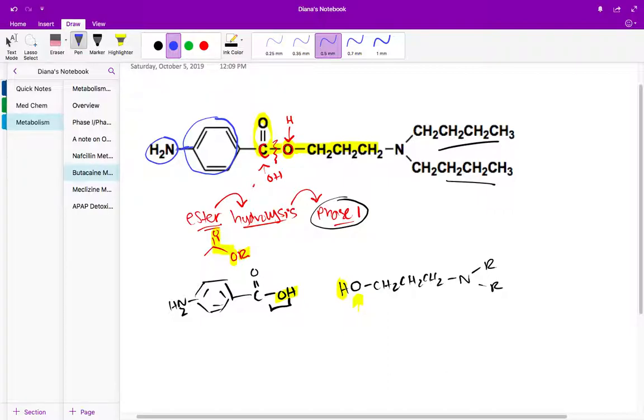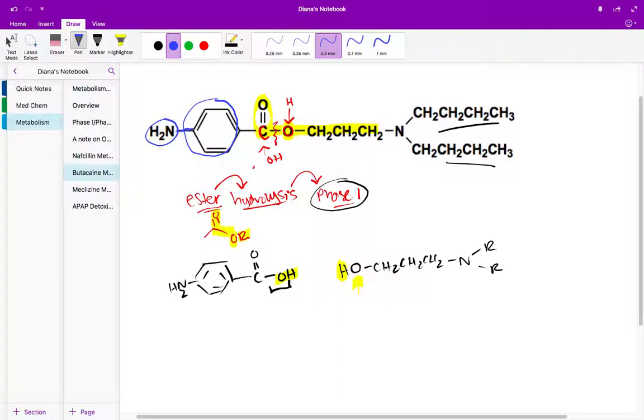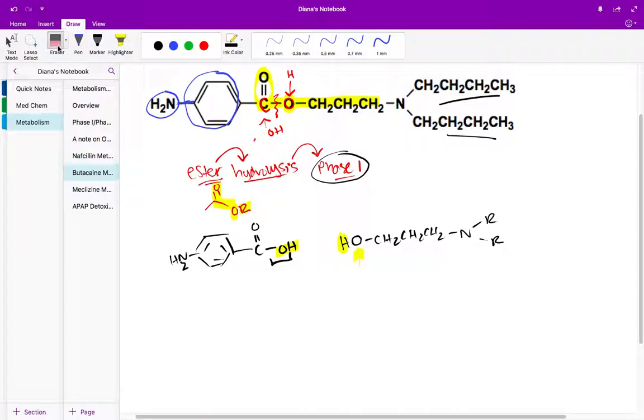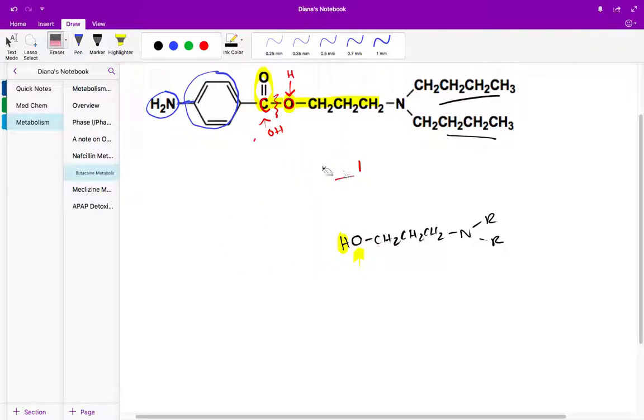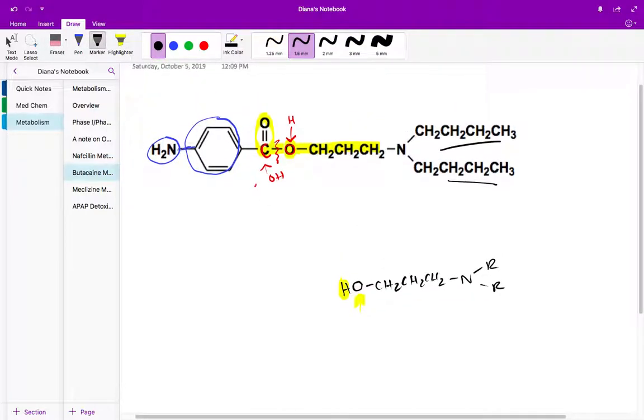Remember how I told you phase 1 doesn't always have to come before phase 2, even though a lot of the times that is the case. In this case, we already have an aromatic ring attached to an NH2, so we can go straight to a phase 2 reaction. So I'm going to erase this since we're already done with this part of the metabolism pathway, but this is kind of one of the metabolism reactions that you can easily forget about. So try to keep this one in mind.